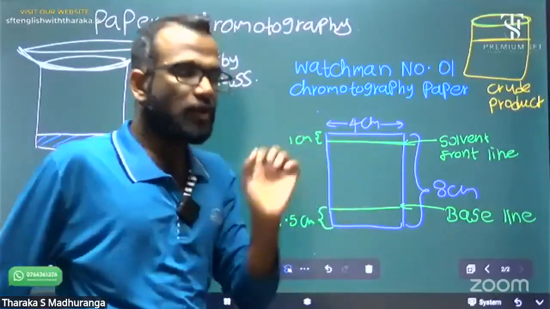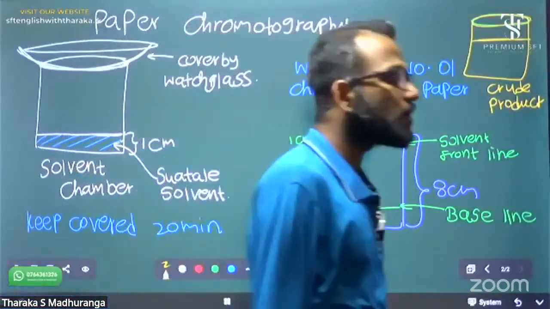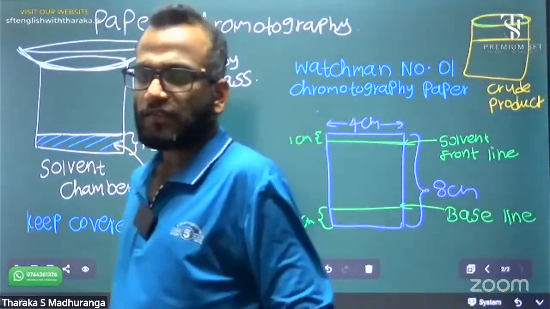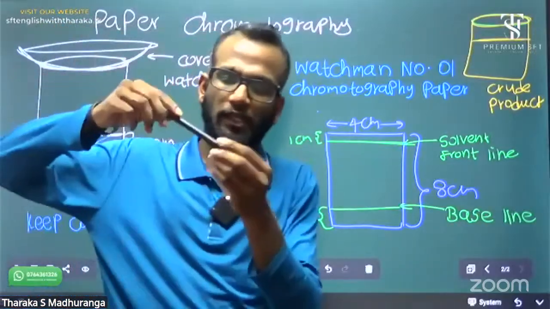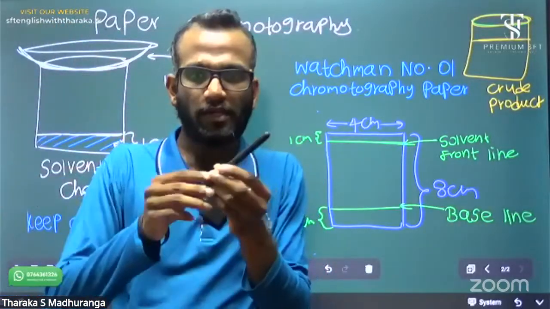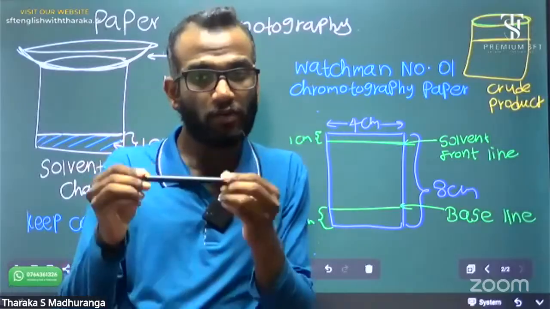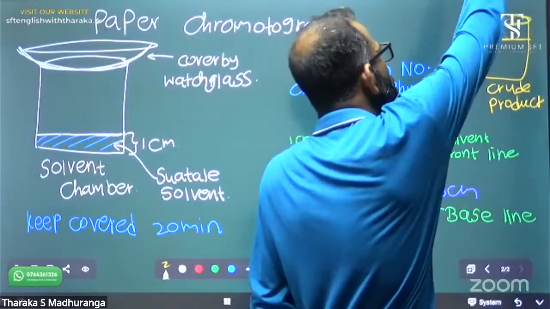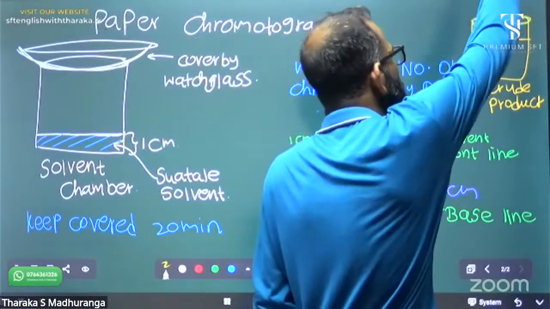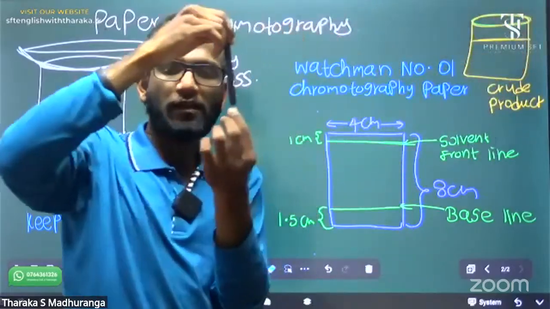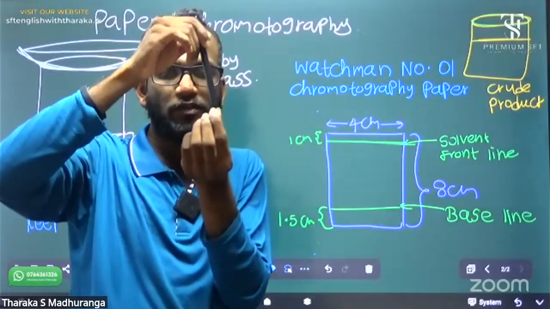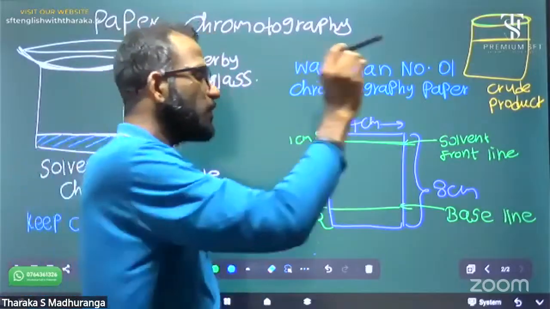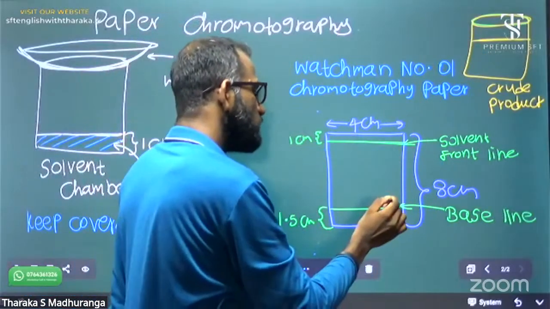Okay. For the next step, you have to get a glass rod. Do you know a glass rod in the laboratory? It's a glass rod, right? After that, we can get a small sample using the glass rod. A drip comes, a drop is collected here. This drop we can place on the baseline.